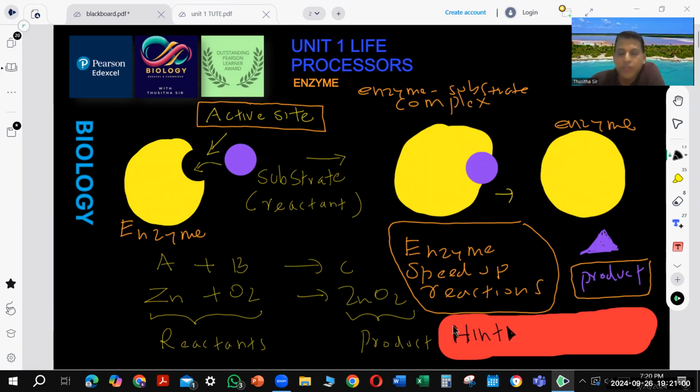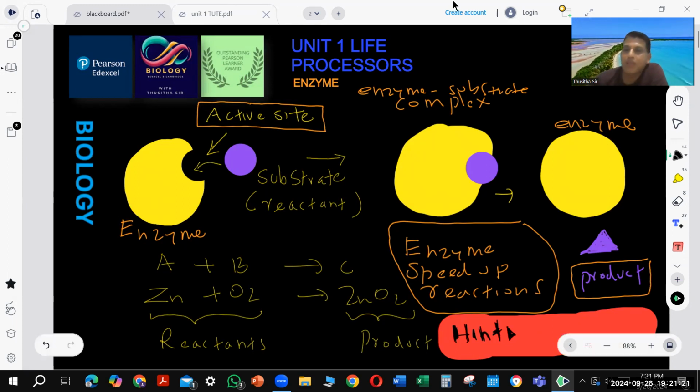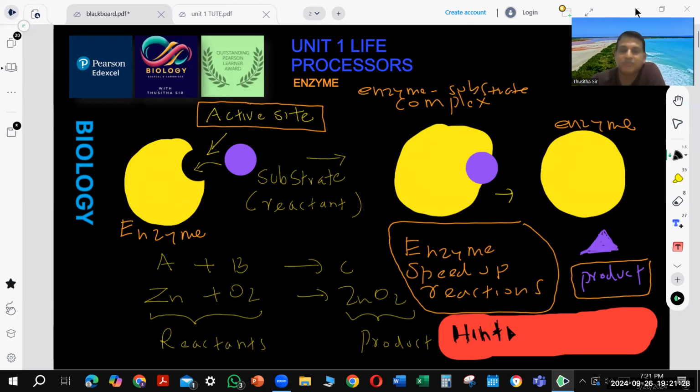Right. I'm going to give a very important hint or tip that will help you understand questions and answer questions. Before that, can you name one enzyme? Can you give me the name of one enzyme that you know? Let's see how many different enzymes I will get from you. Just quickly type me the name of an enzyme.